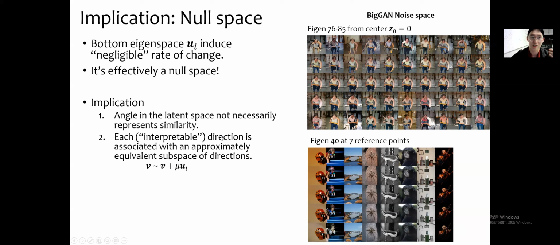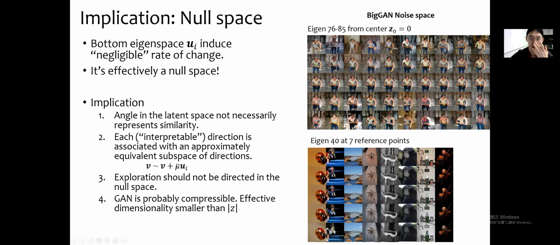In that sense, the interpolable axis in the latent space is largely non-unique. Third, exploration in the latent space should be directed more in the top eigenspace instead of in the null space, because that's not meaningful. And finally, the GAN is compressible, and the effective dimensionality of the image manifold is smaller than the dimension of the Z.